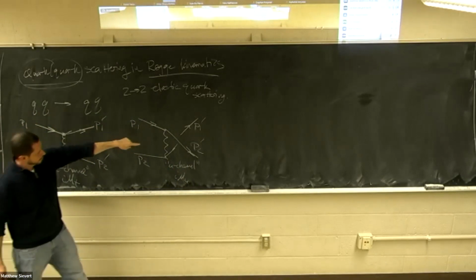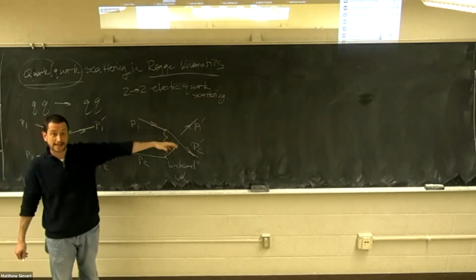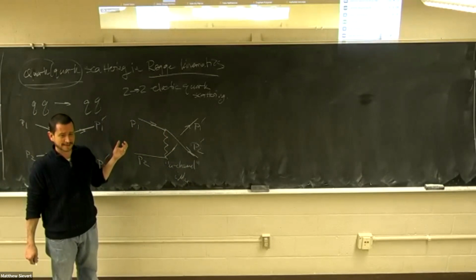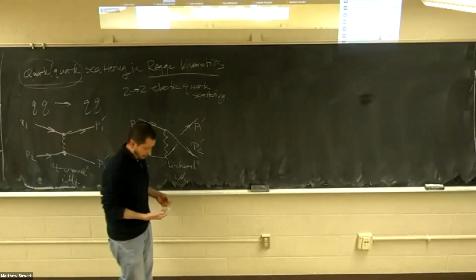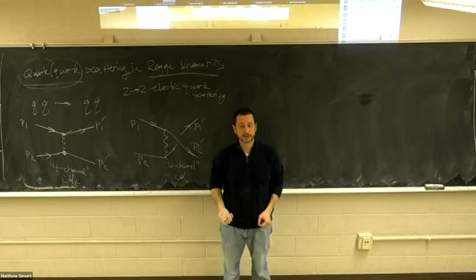I said that the U-channel amplitude is related to the T-channel amplitude by the exchange of identical fermions. What should I do if I exchange 2 identical fermions in the amplitude? What should I not forget about fermions when I exchange them? They follow Fermi-Dirac statistics. What does that mean if I take 2 identical fermions and exchange them?